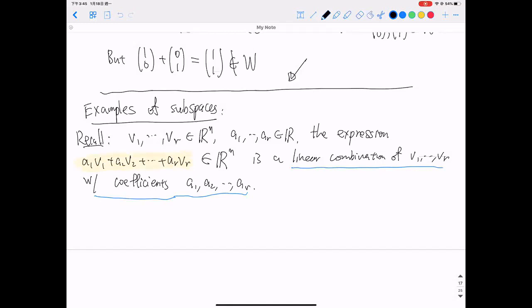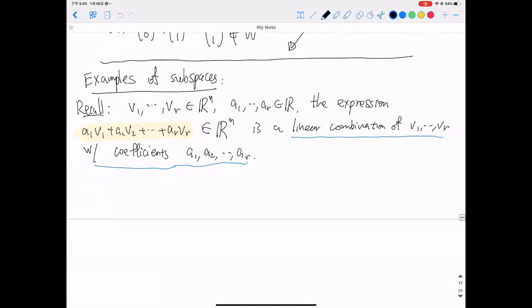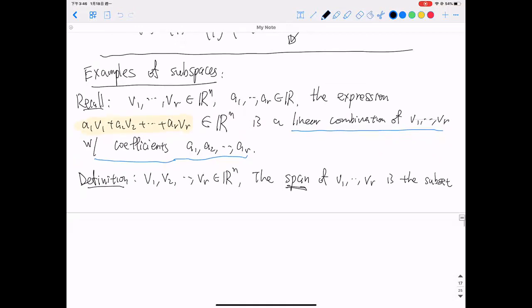Now, we can consider the following set definition. Again, let's say we have vectors v1 through vr in Rn. We define the notion of what's called the span of v1 through vr as the following subset.